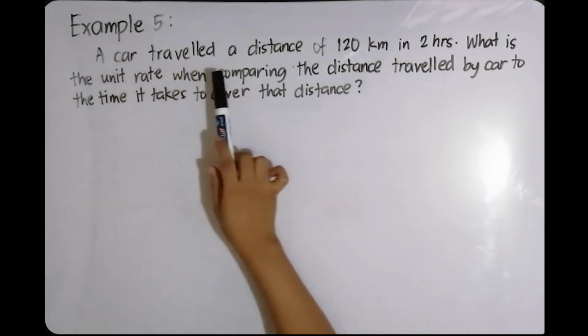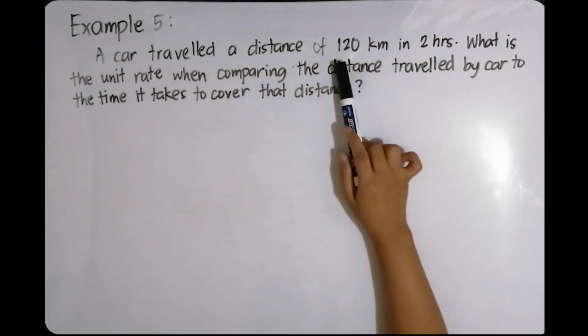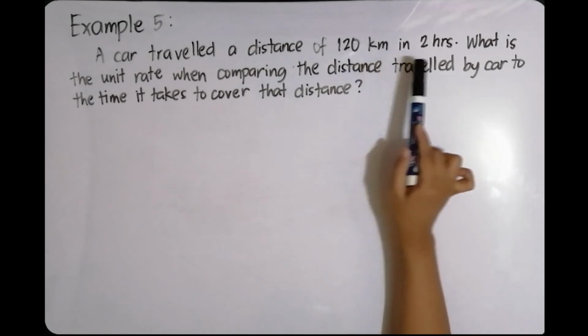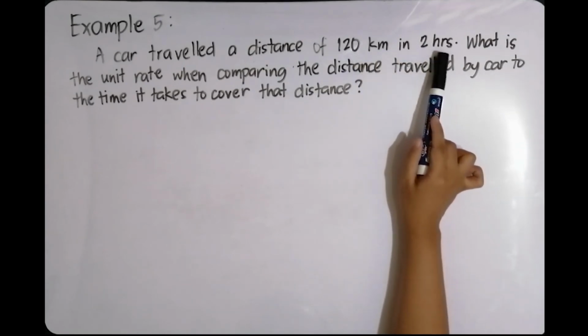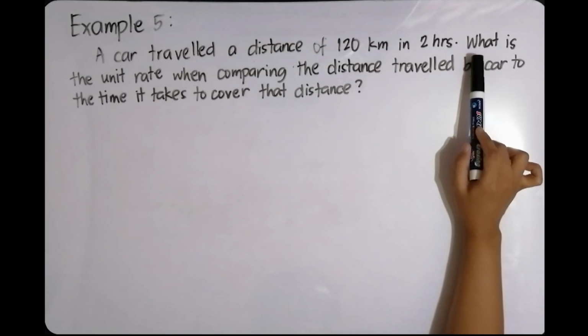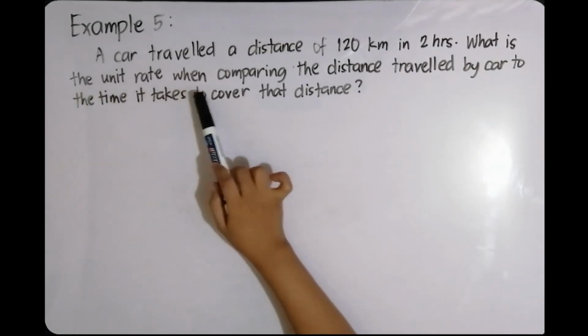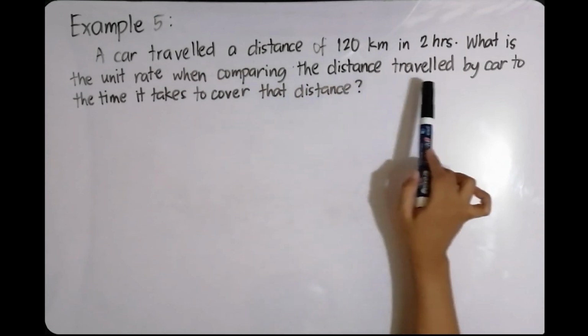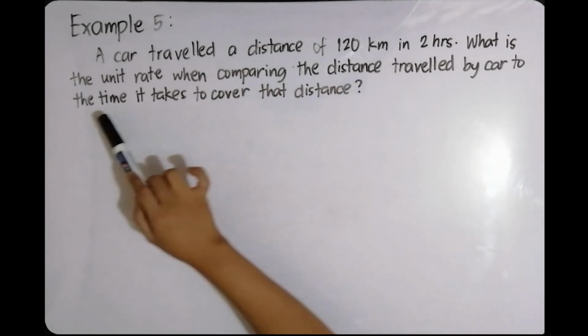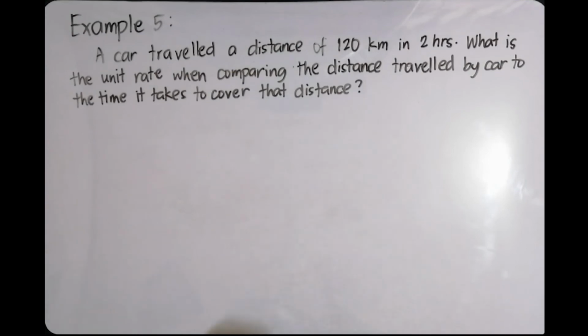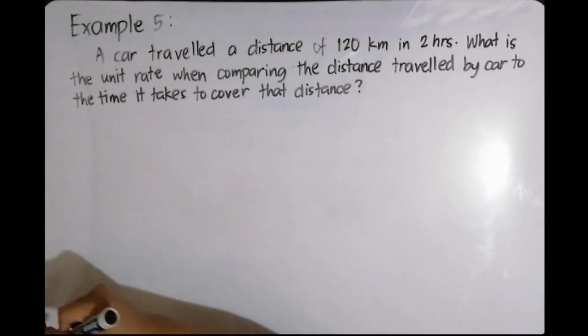A car traveled a distance of 120 km in 2 hours. What is the unit rate when comparing the distance traveled by the car to the time it takes to cover that distance? So we have here the given values.